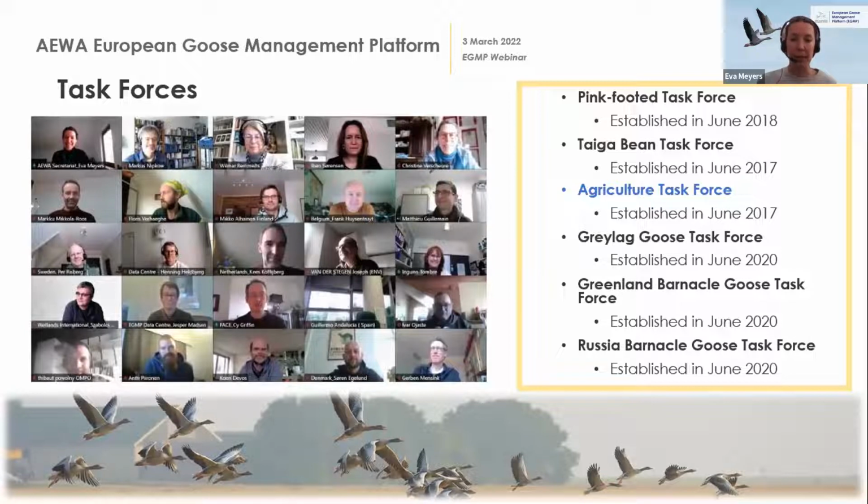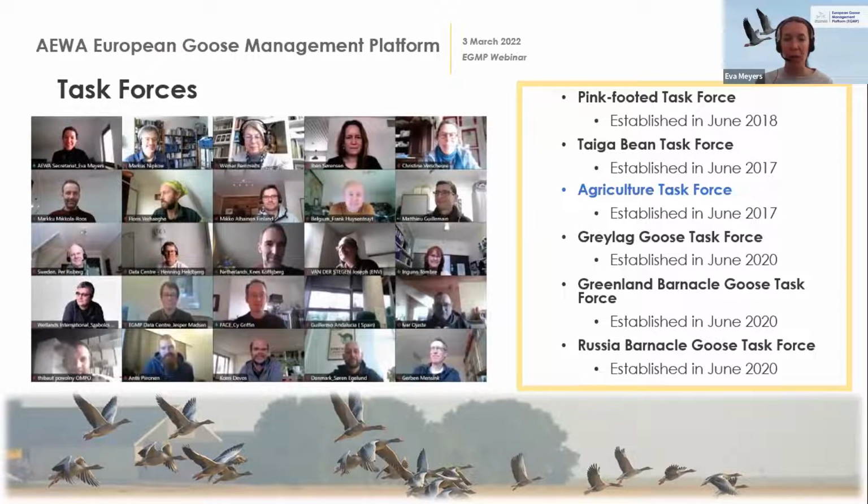Each of these task forces has a different coordinator, and that coordinator is from a country of the range, and can be either a national government representative, an expert, or a stakeholder representative. Essentially, the task of this coordinator is to convene the meetings, to put together recommendation documents, and to facilitate the discussion within these task forces.